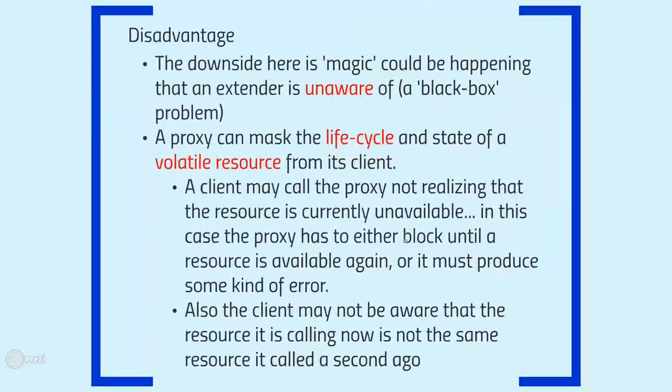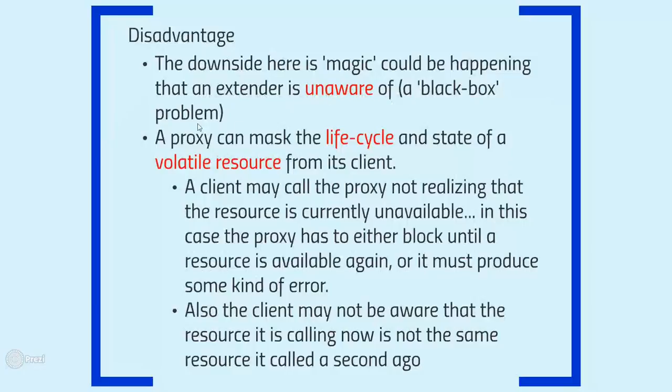So what's the disadvantage of this method? The first downside is that magic could be happening that the extender is unaware of, the proxy trick. For example, if somebody else is trying to use your code, and if he's not aware of the black box problem, which is the proxy, he might get some errors or make some mistakes.